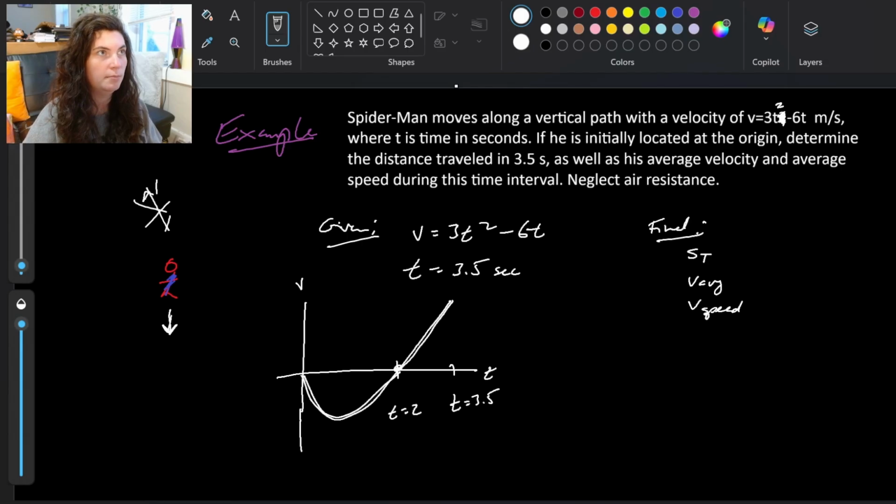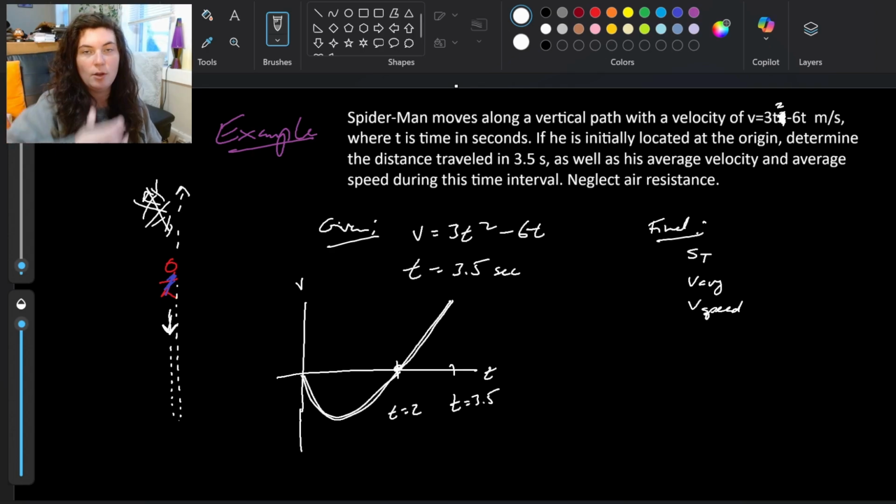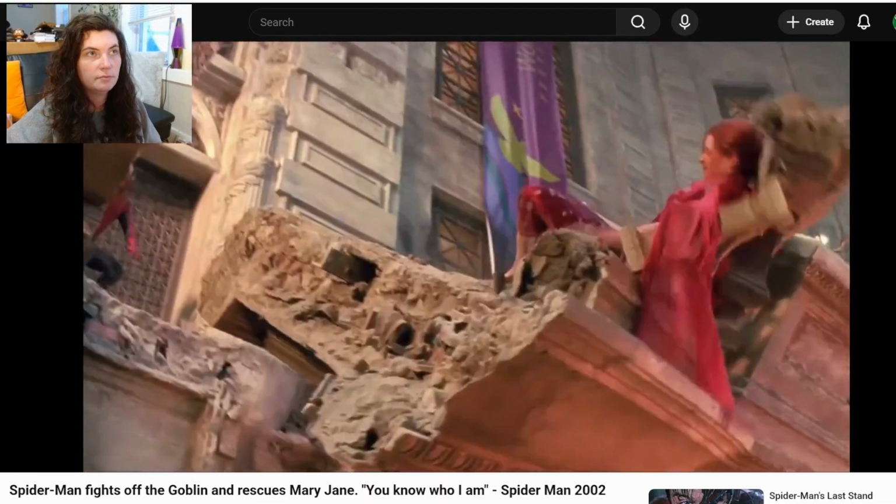That looked more like a web. There's Spider-Man's web. Swinging from his web, he swings down, comes down until his velocity hits 0, and then velocity becomes positive. So he comes back up, slinging down and up on his web. And we can see that if we go and look at a clip from the Spider-Man movie.